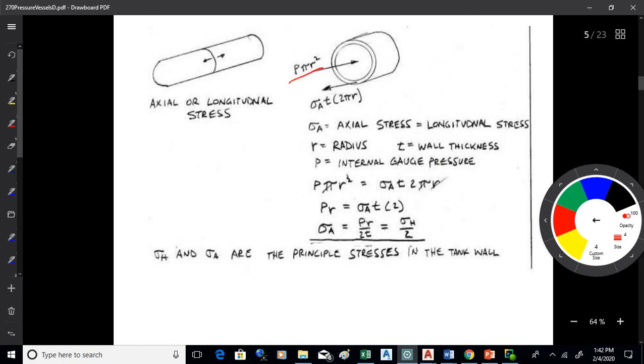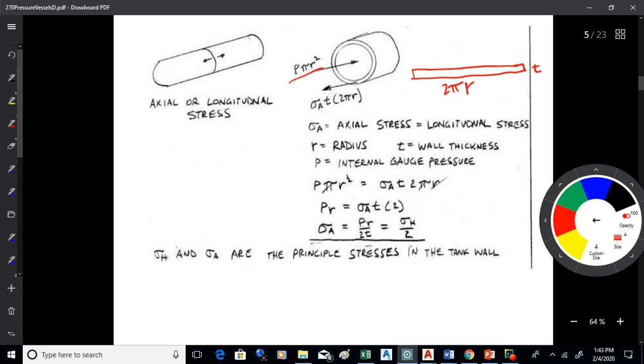The area is pi r squared, and the pressure is P. So that's P pi r squared. That's the force caused by the pressurized gas in the tank. And what's going to pull back will be the area of the tank wall, which would be T, and then the circumference is 2 pi r.